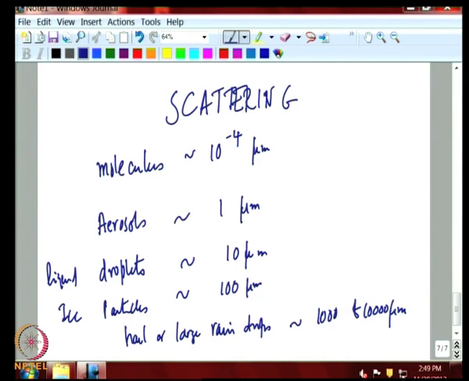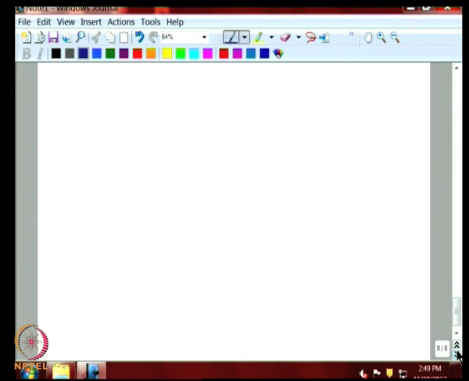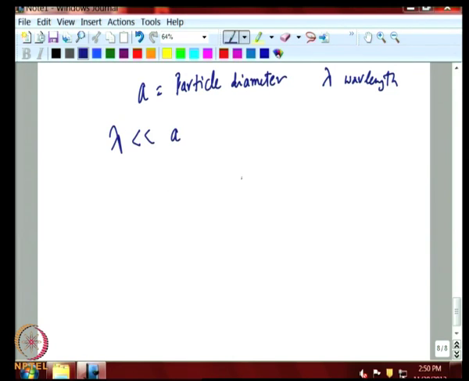The typical example that we will look at now: if we consider A as the particle diameter, and lambda is the wavelength of light which is being scattered, then if the wavelength of light is much smaller than the particle diameter, the scattering is isotropic, independent of direction.